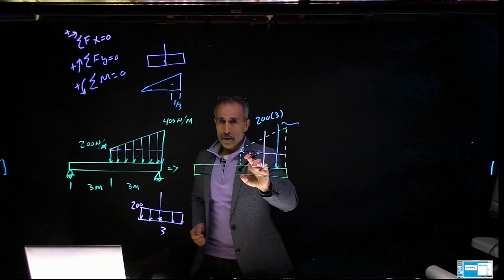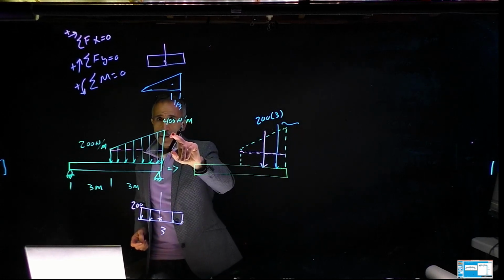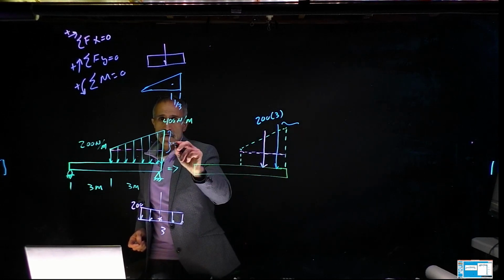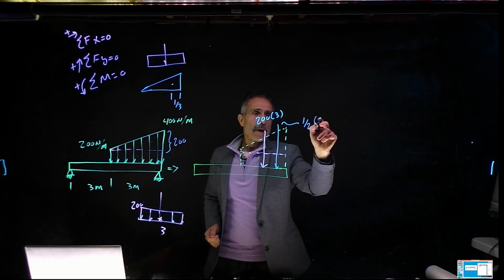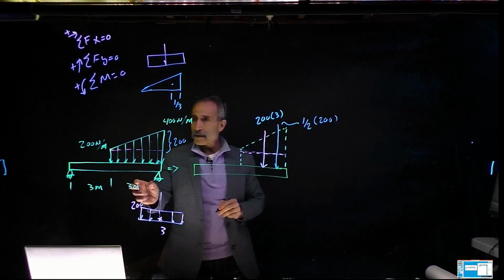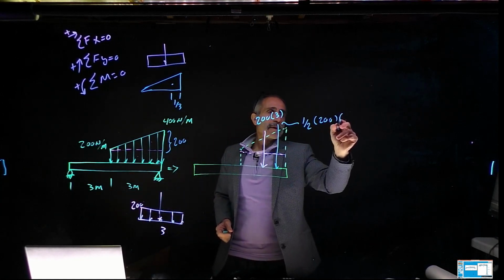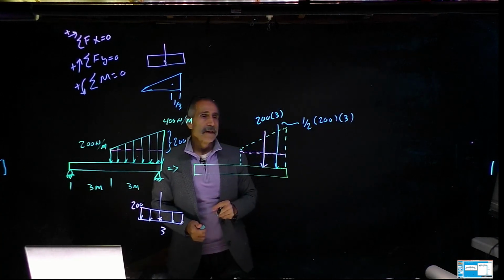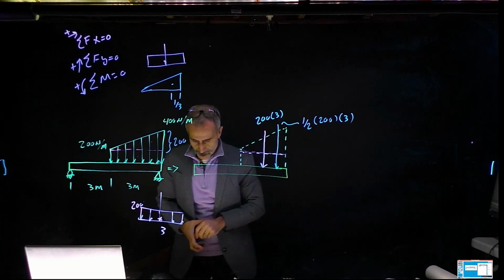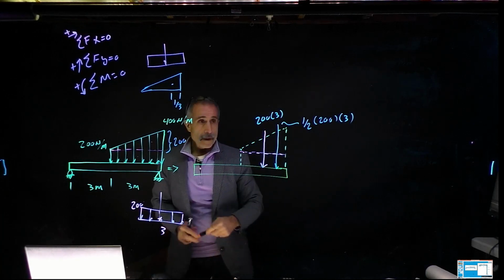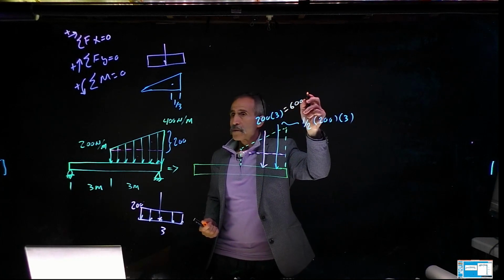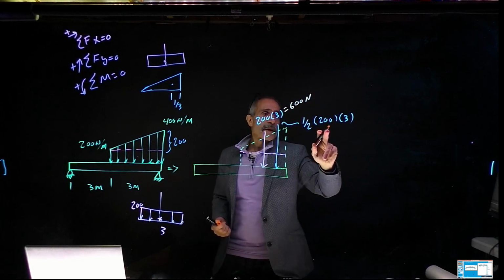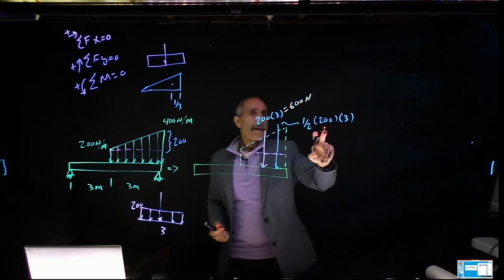If this is 200 right here and this is 400, then this part is also 200. So it's 1/2 times 200 times the distance of 3 meters, which comes out to 300 Newtons.